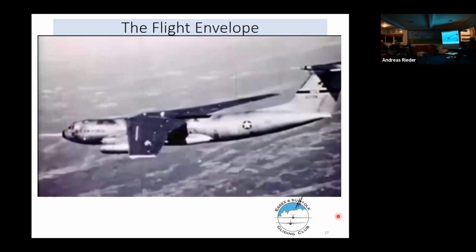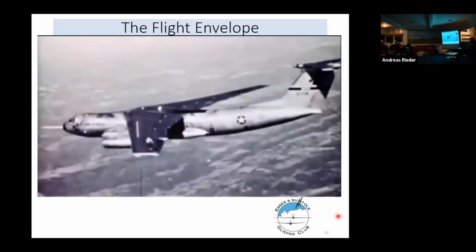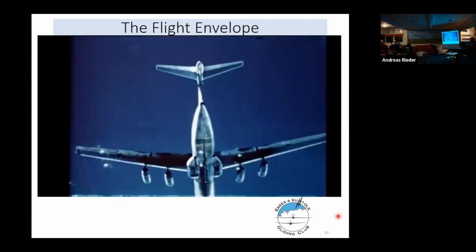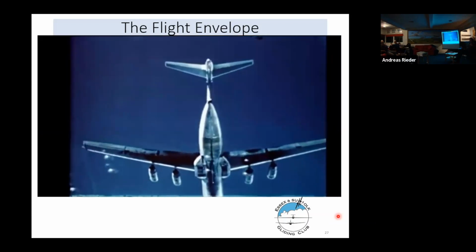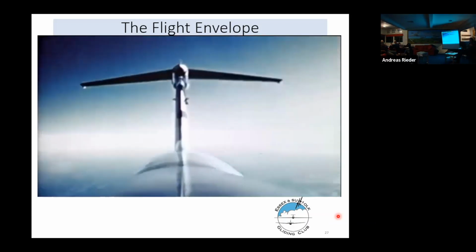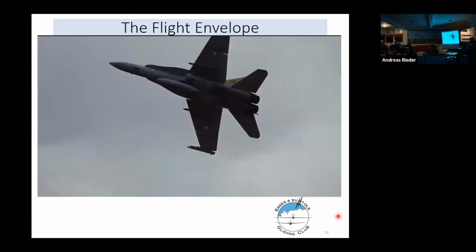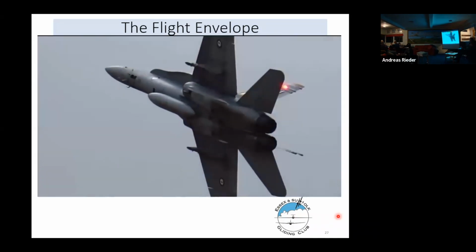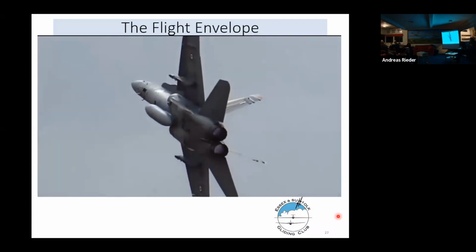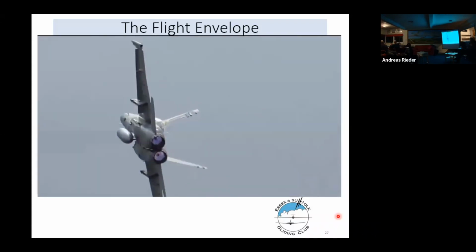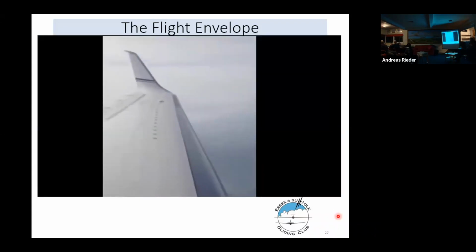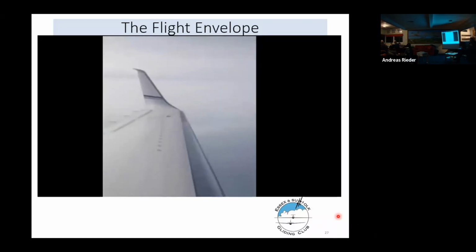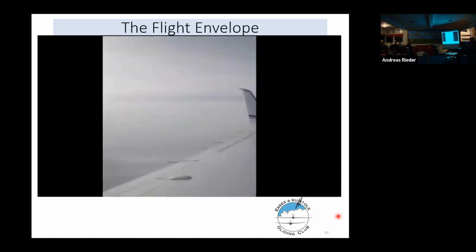Everything's going. Not long for this one. Watch the fins, the vertical. Imagine sitting in a passenger jet and looking out the window of that.